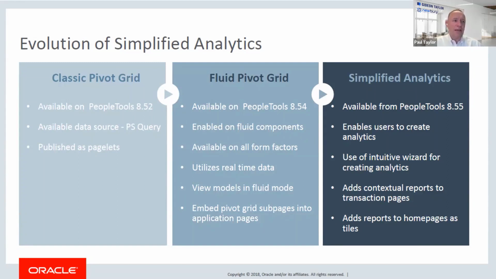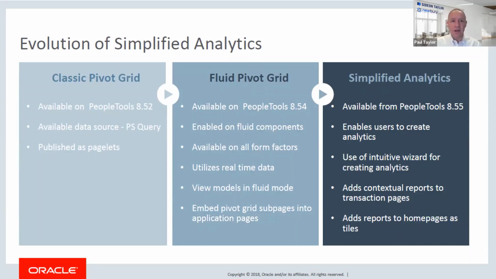There are a number of upgrades that you get when you go to the fluid pivot grid. And then simplified analytics is really, again, kind of an evolution of pivot grids. They don't replace pivot grids, they rather implement pivot grids and add some wizard type guidance on top of pivot grids to make it easier to deploy simplified analytics along with your components.